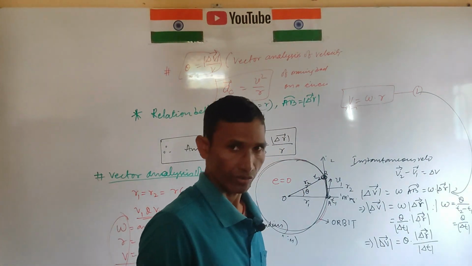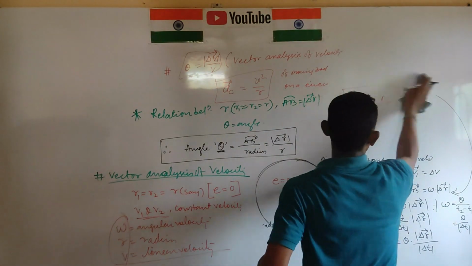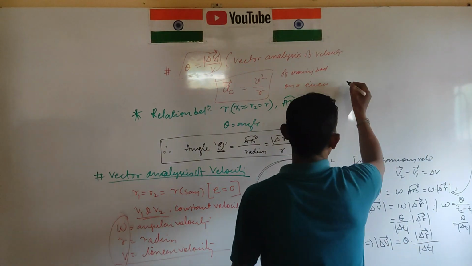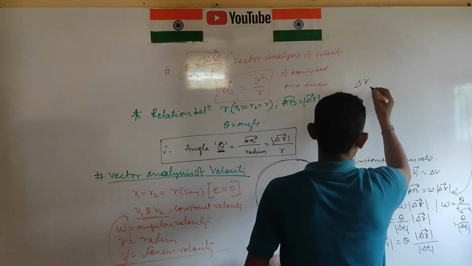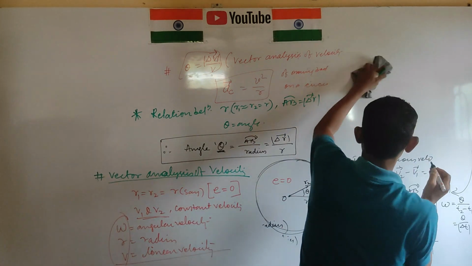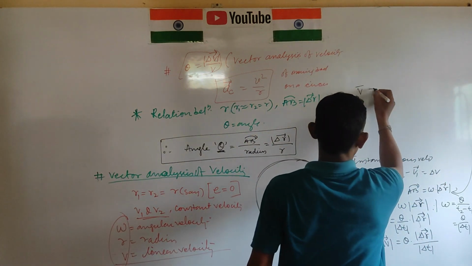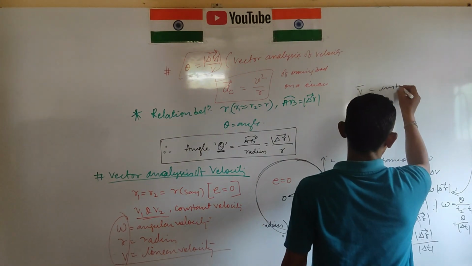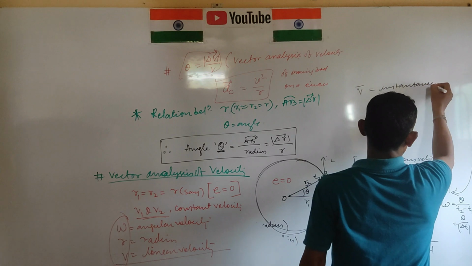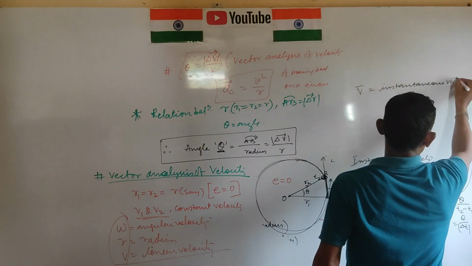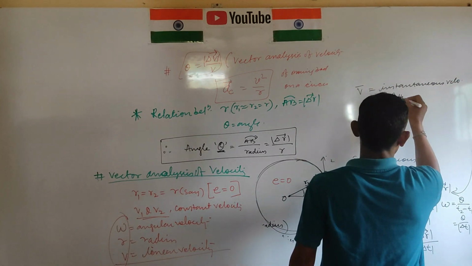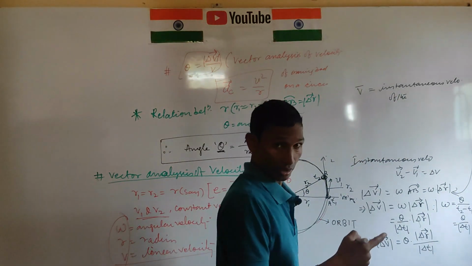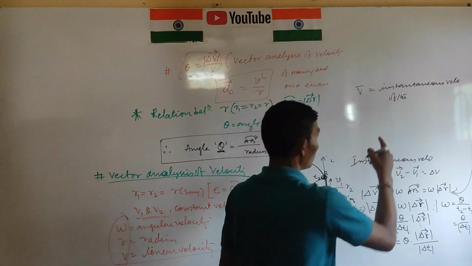Instantaneous average velocity. What is the relation with this one? This is the instantaneous velocity. Delta v, instantaneous velocity, average velocity. This is the limit, instantaneous velocity of the circular motion of a body.